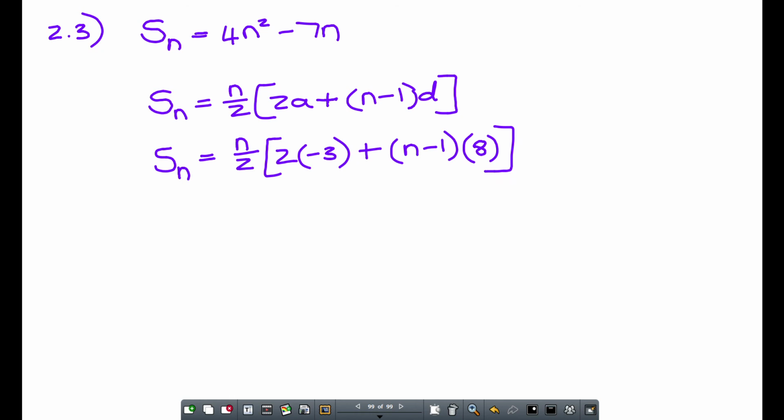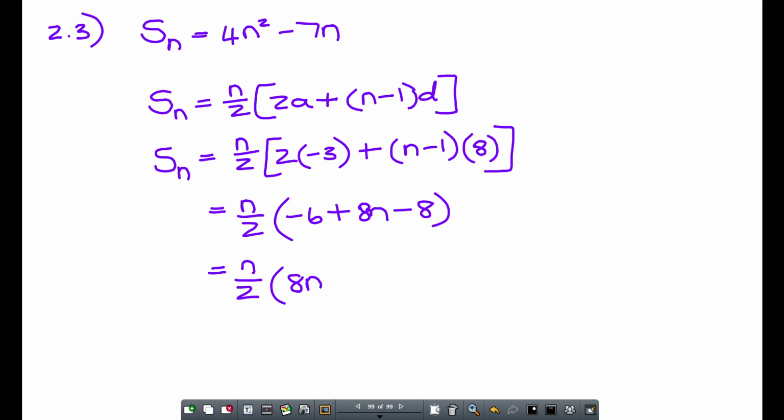Now we've got to go and simplify that a bit. So it's going to stay n over 2 for now. Okay, hierdie raak ons nou minus 6, plus 8n, minus 8. Okay, so if I were to simplify inside that bracket, I'm going to have 8n minus 14.